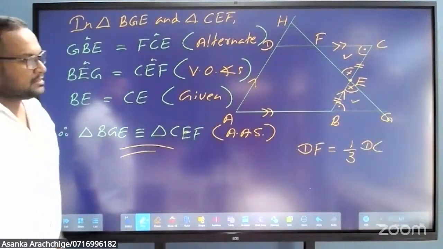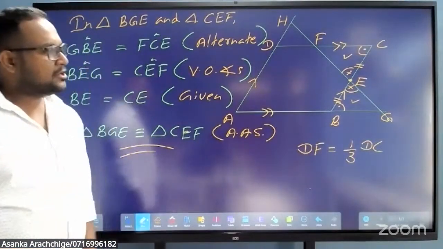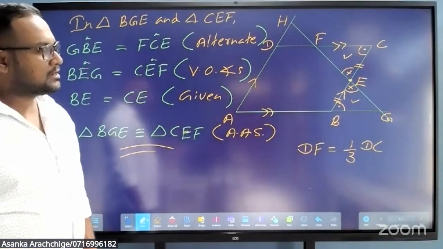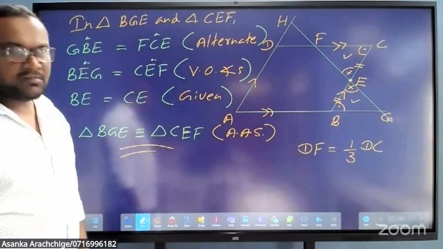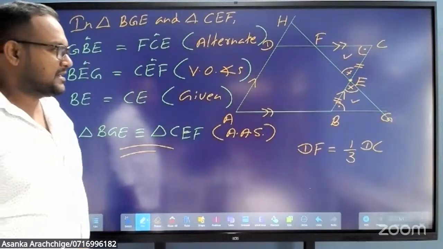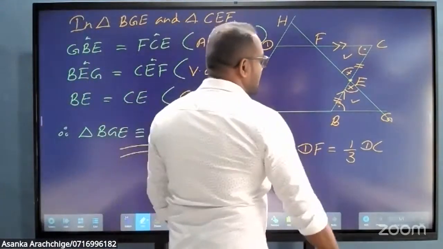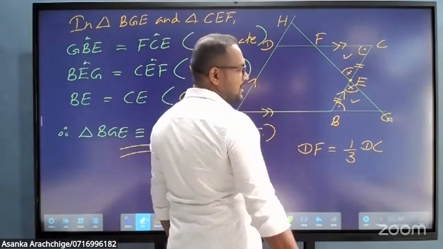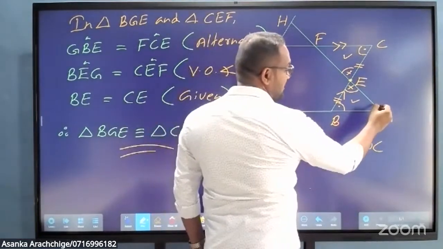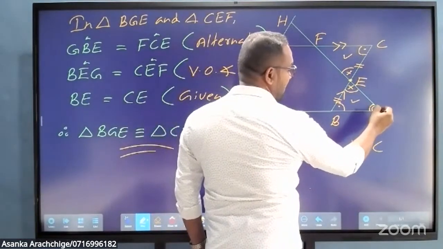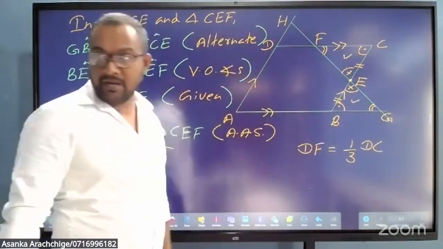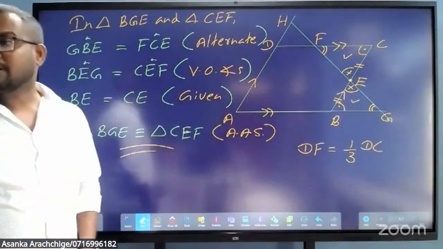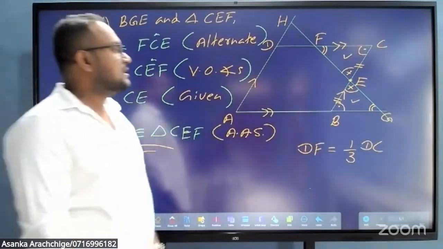Right. After you show that those two triangles are congruent, then you can mark the equal pairs of other corresponding elements. If these two triangles are congruent, then this angle must be equal to this angle, corresponding elements of congruent triangles.